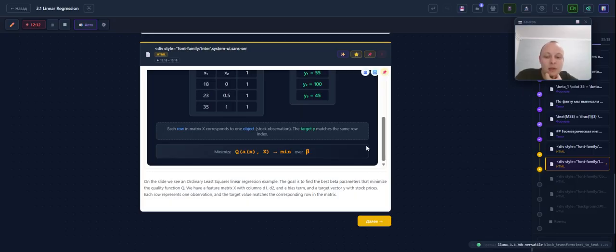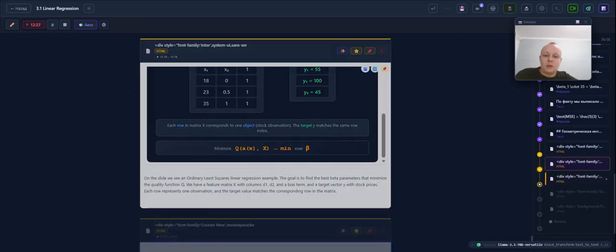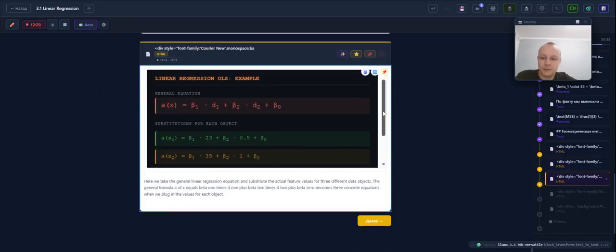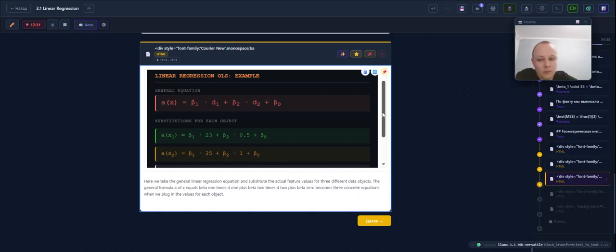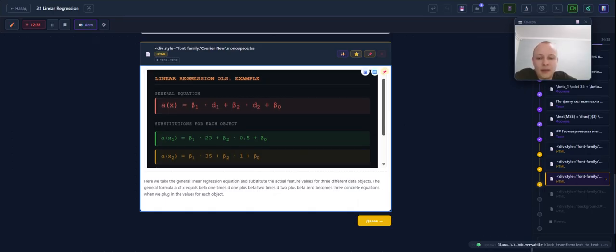So how we can do that? Mathematically, we can write it as our quality functional that leads towards minimum over our beta coefficients. And basically, the general form of our linear regression is again here.